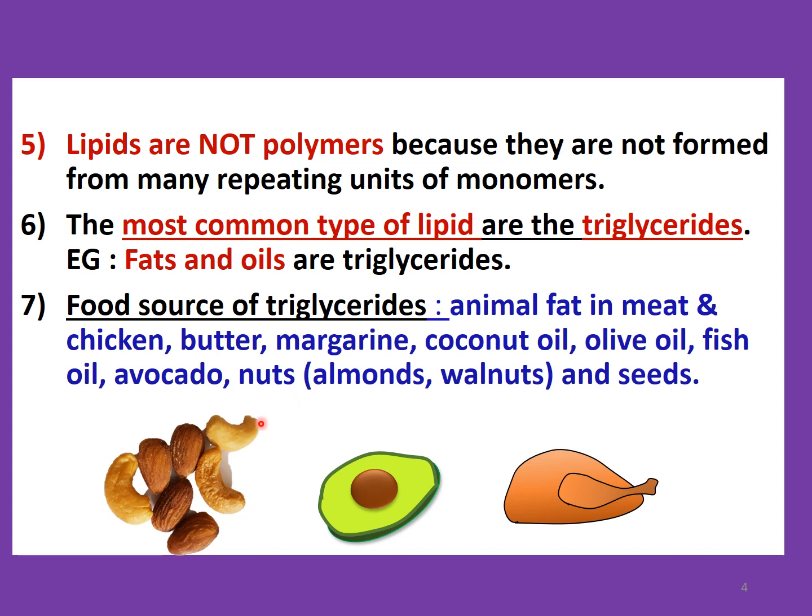Nuts as shown here. Almonds are this type of nuts. It's a bit longish and it has lines on the surface. Walnuts are not shown here. So these are cashew nuts, not walnuts, and seeds like pumpkin seed, for example.